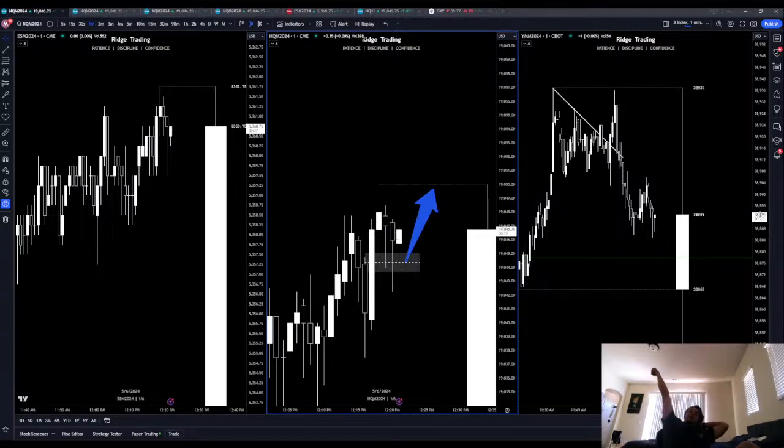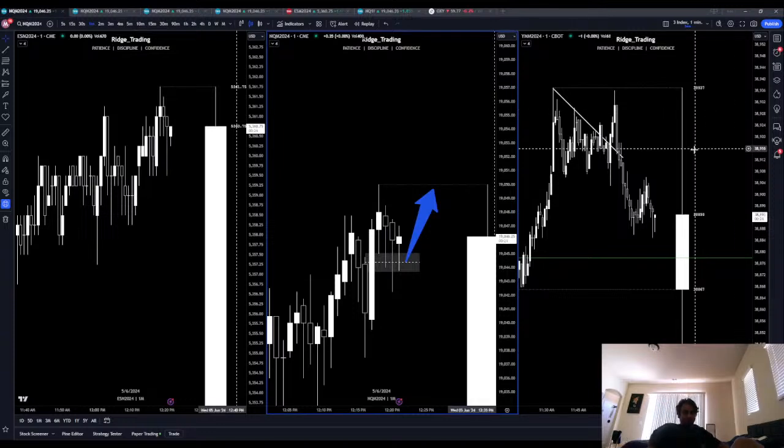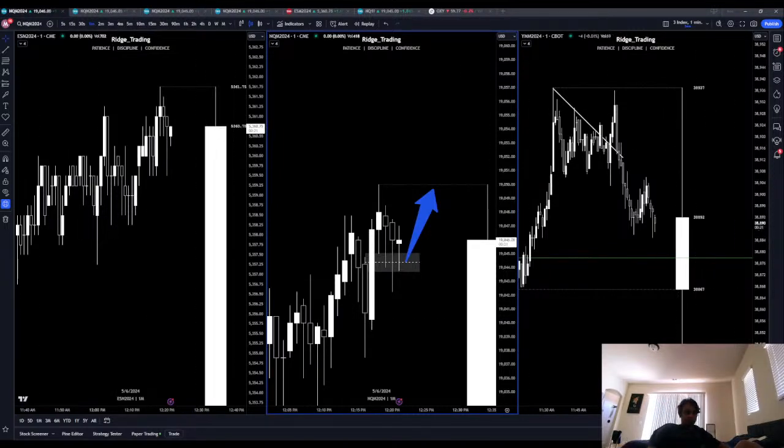Wow, look at that crazy analysis there. Just draw an arrow up. That's all you have to do. Just draw arrows up, and then NQ goes higher. It's a really difficult analysis.